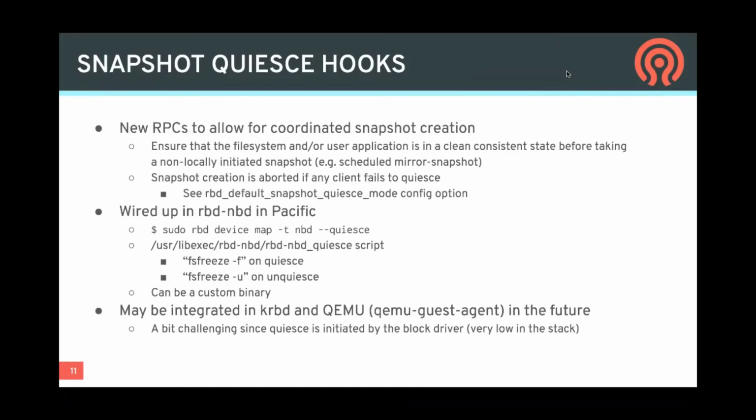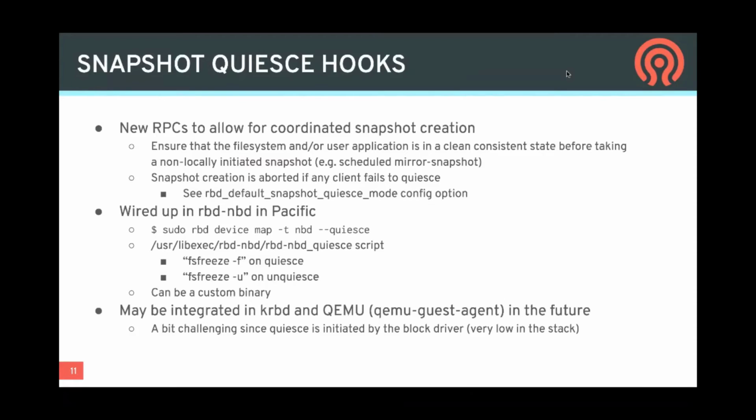So moving on to snapshot quiesce hooks. This is a couple of new RPC messages that allow coordinated snapshot creation. This comes up, for example, when creating scheduled mirror snapshots, which are initiated at the cluster level. So neither the hypervisor nor the user know anything about them.